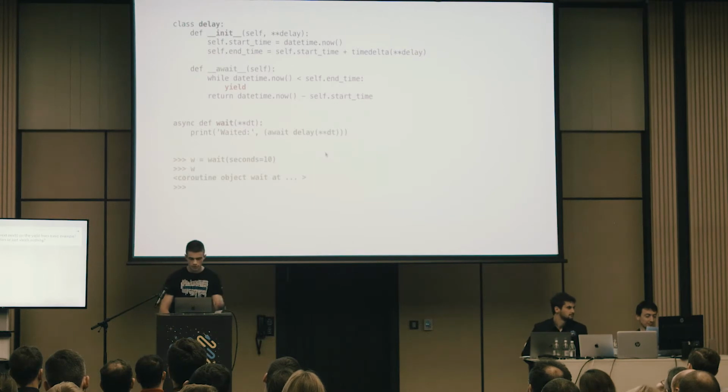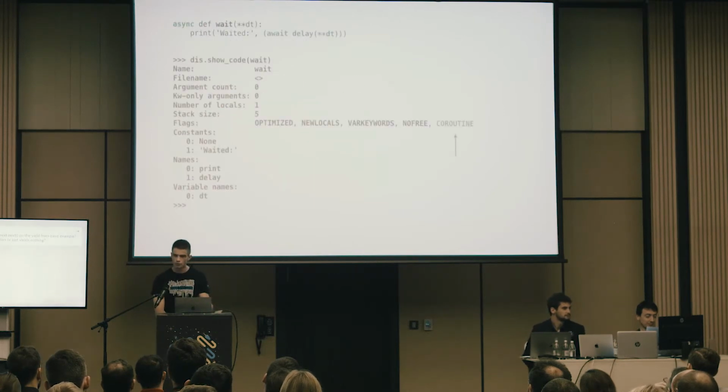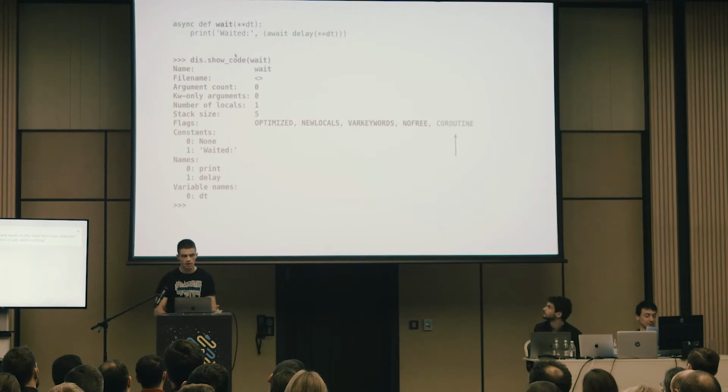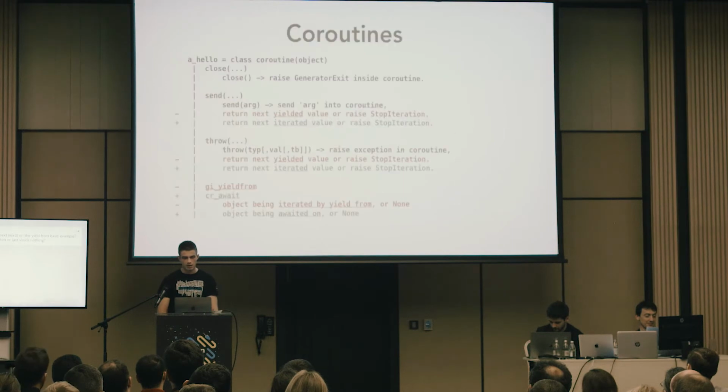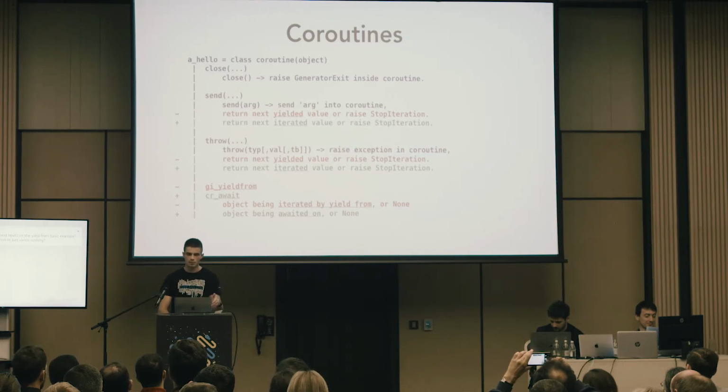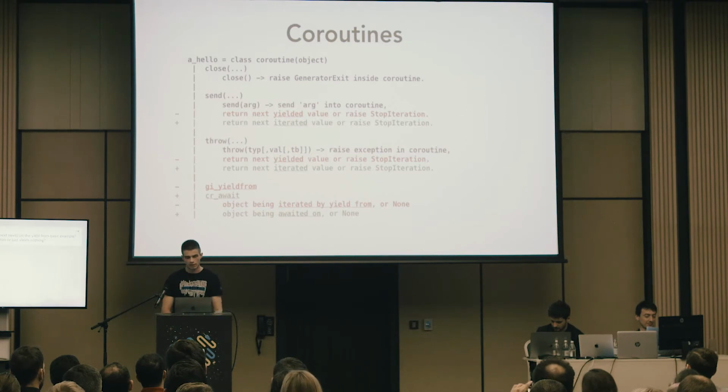And of course, we're learning, so disassembly again. You have a new flag called coroutine. The coroutine flag works the same way. Basically, if the parser finds an async definition, it flags the function as a coroutine and returns a coroutine object. And this coroutine object is very similar, if not exactly the same, as the generator as far as these go. So this is the actual diff from the help page, comparing generators and coroutines.